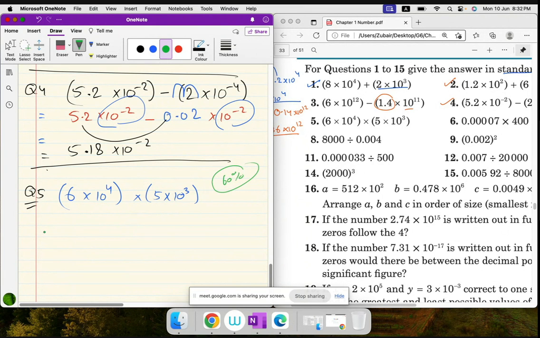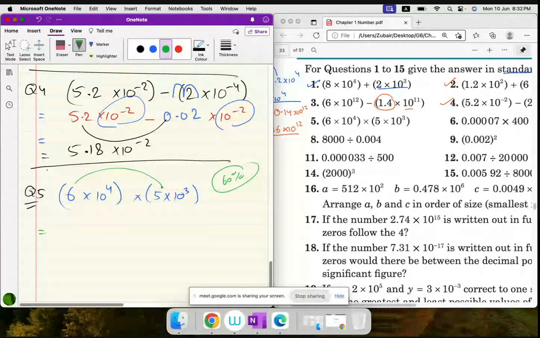Okay, so what do we get when we multiply these two? 6 into 5 is 30. And 10 raised to power 4 into 10 raised to power 3 is 10 power 7. Now this is correct digit, but not standard form.